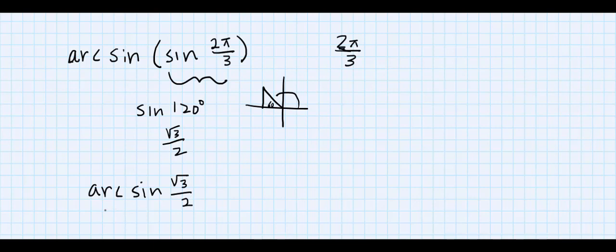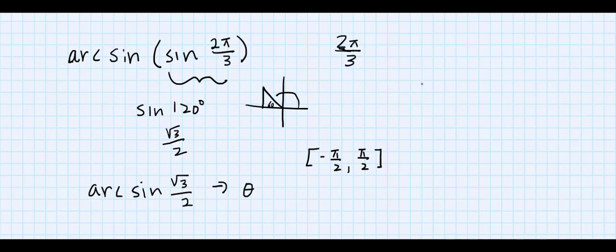Now, remember again, this whole thing represents theta. And arcsine has a restriction. It goes from negative pi over 2 to pi over 2. It only goes from the fourth to the first quadrant.